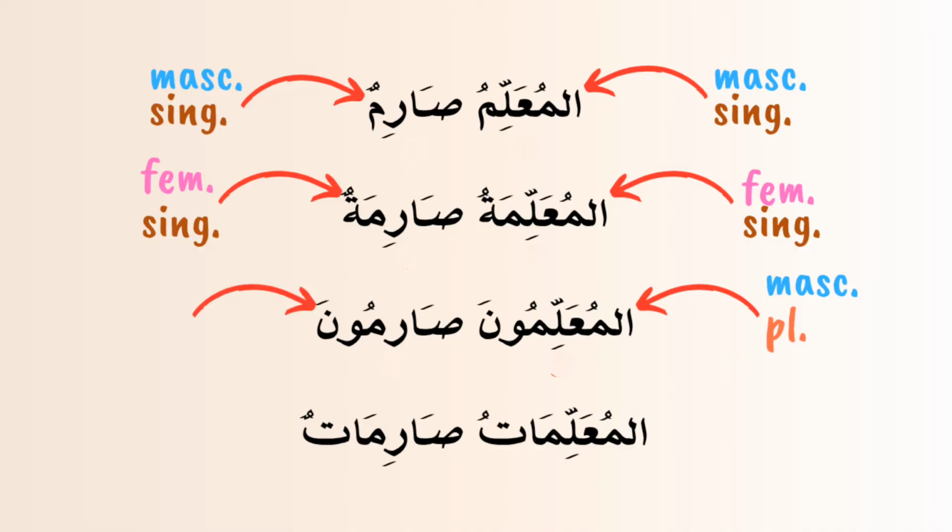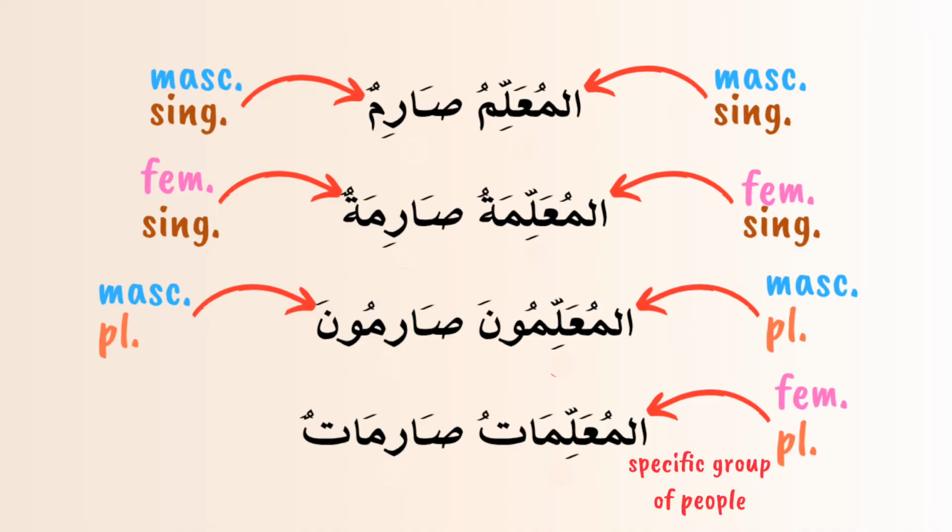Therefore, the predicate in this example is masculine and plural. Another example is المعلمات صارمات. المعلمات are female teachers. So, again, the subject is a specific group of people. Therefore, the predicate صارمات is also feminine and plural.